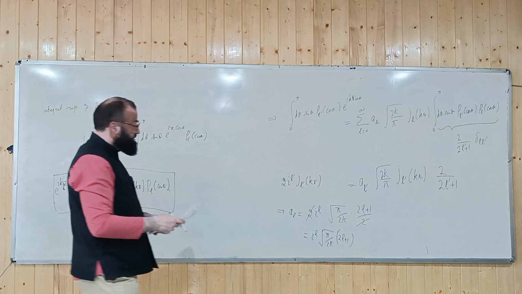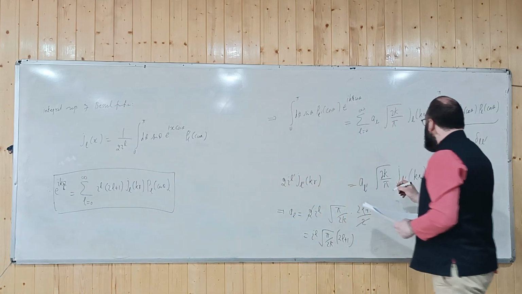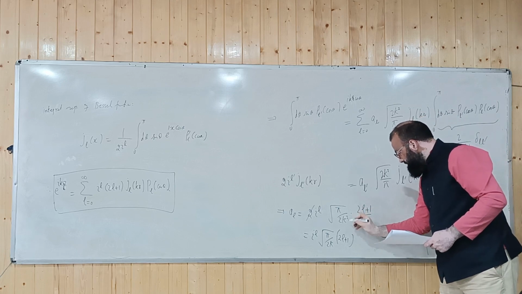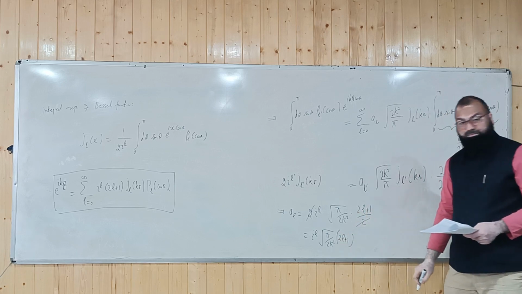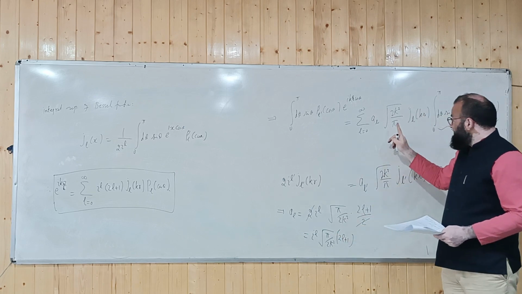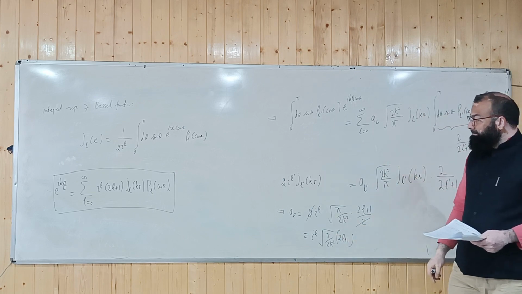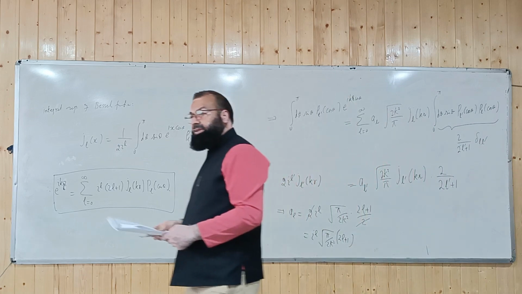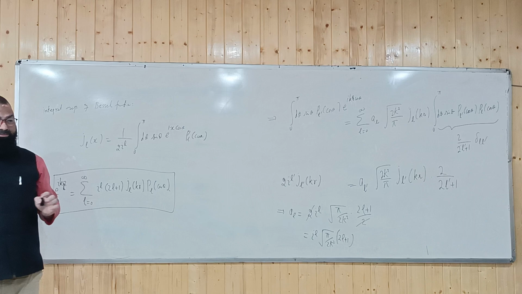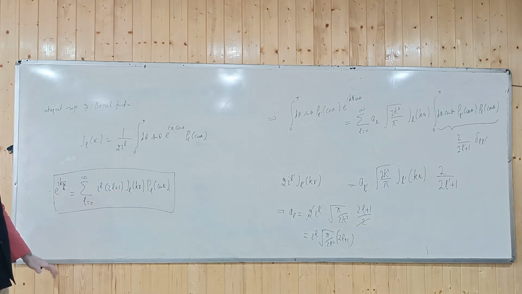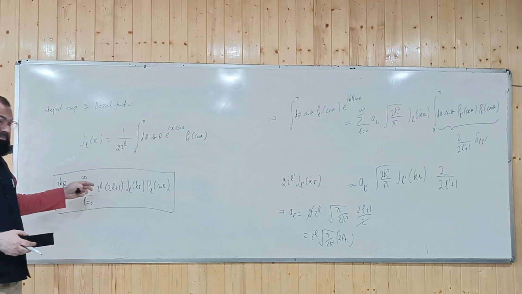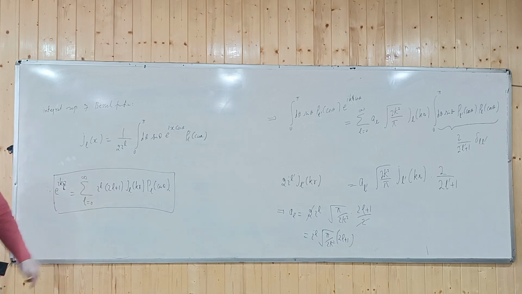Sorry, it is here a k squared. Clear? And this factor will cancel with this factor. So this is our plane wave expansion. We have not done the problem yet. We have just expressed our plane wave in terms of spherical polar coordinates. Sometimes we call this the plane wave expansion.